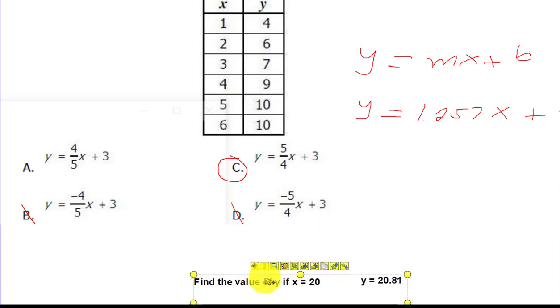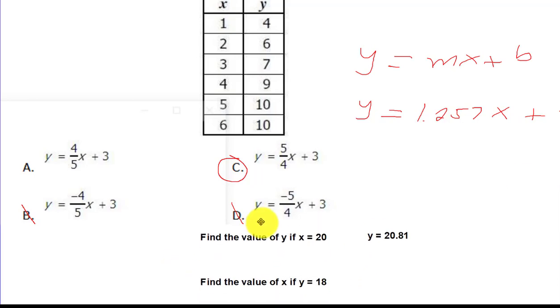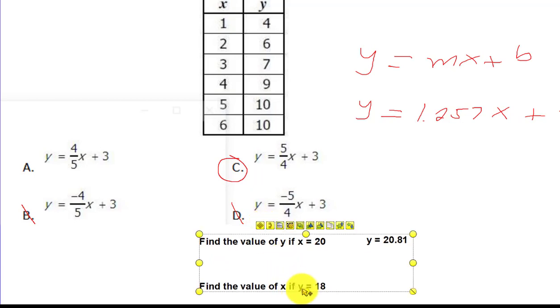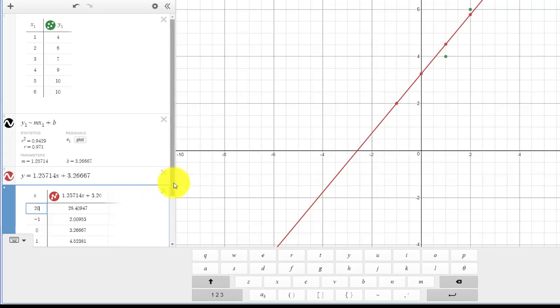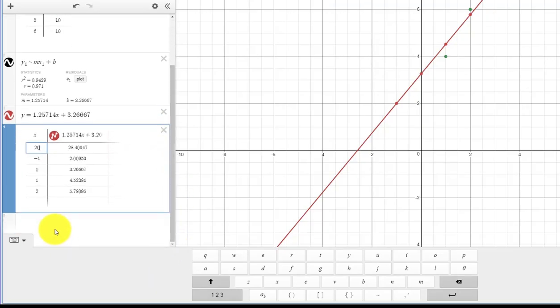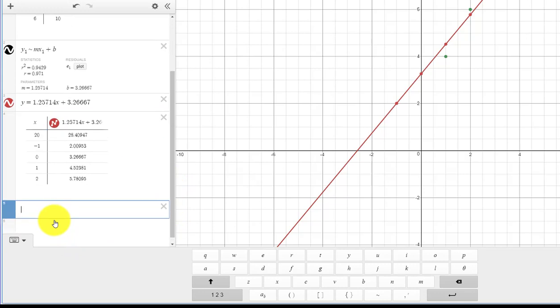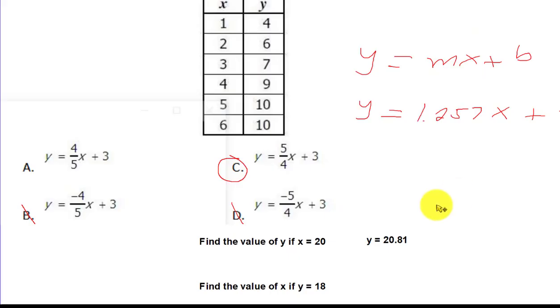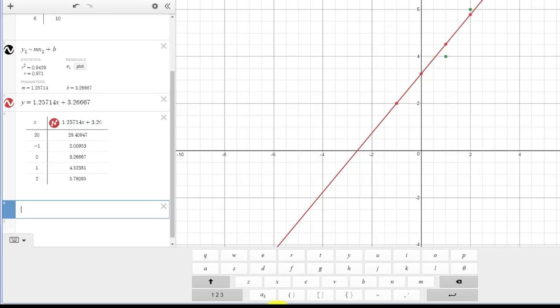Alright, next, what if we would like to find the value of x if y equals 18? Now, if x is unknown, the best way to answer this question is by tracing the graph. So you can just trace the graph, locate your y equals 18.